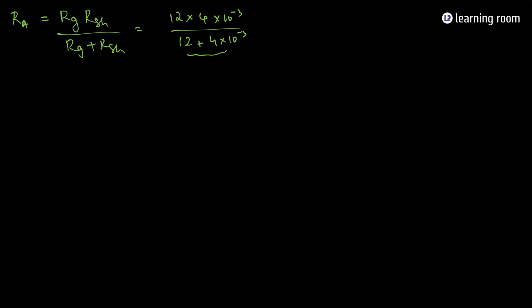What is the approximation you can do here? You can write it as 12 itself. So if you write this as 12, then this 12 and 12 will get cancelled. You're going to have 4 into 10 power minus 3 ohm. Means you're trying to say approximately the shunt value. So there is an approximated value.